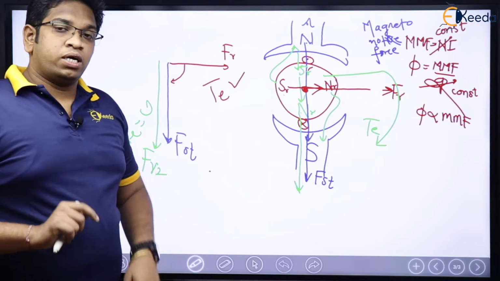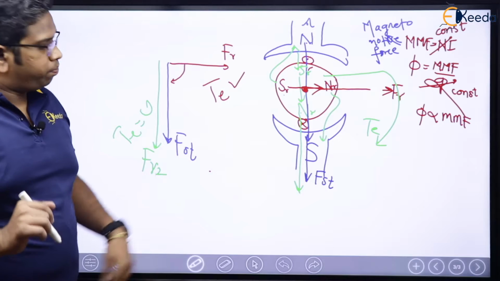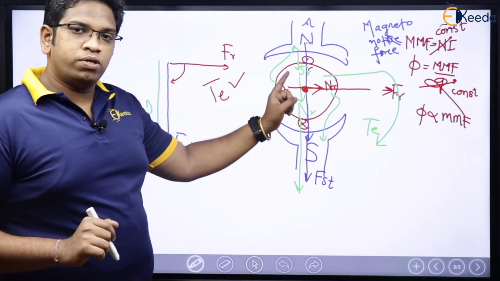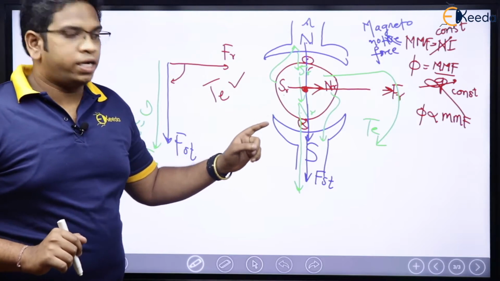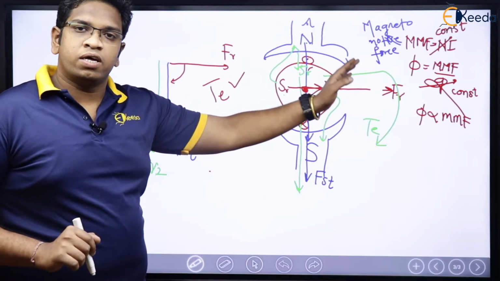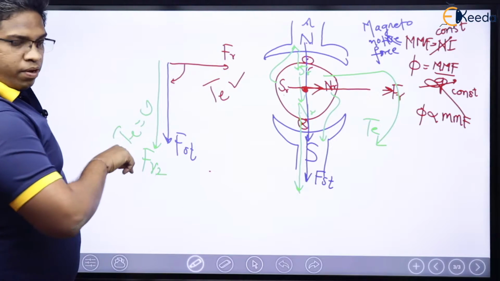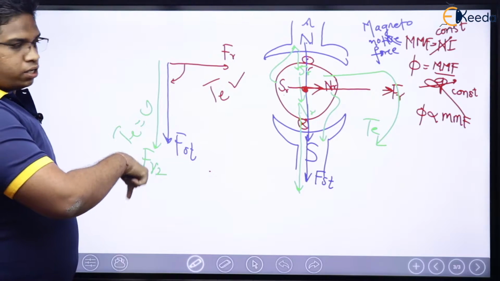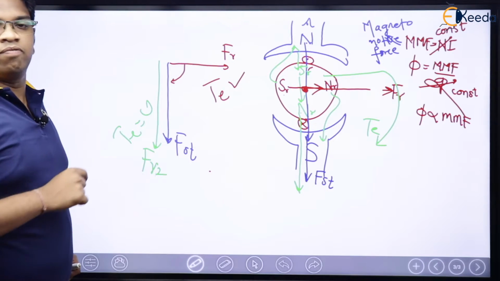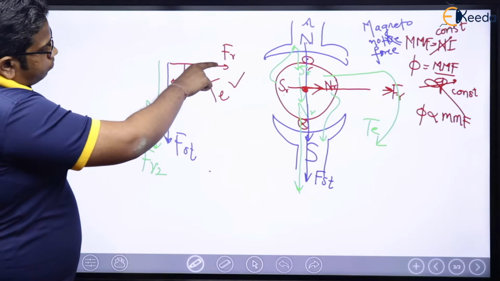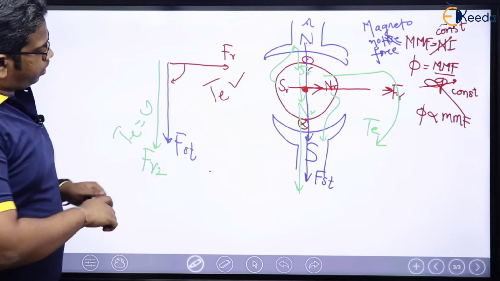We understood that. See, in the second case, torque was 0. Why? Because stator and rotor poles were aligned. In the first case, stator and rotor poles were not aligned, and that is the reason there was a torque. What does this mean? This means that stator MMF and rotor MMF have to be stationary with respect to each other. My rotor MMF should not move with the rotation of my rotor.